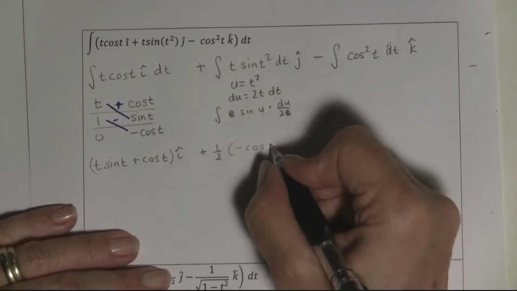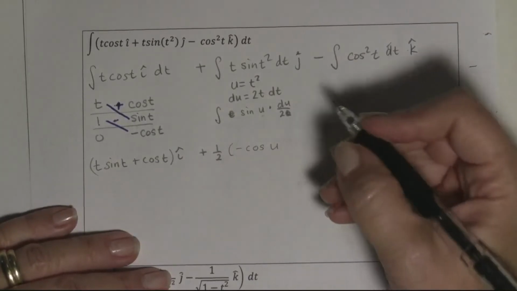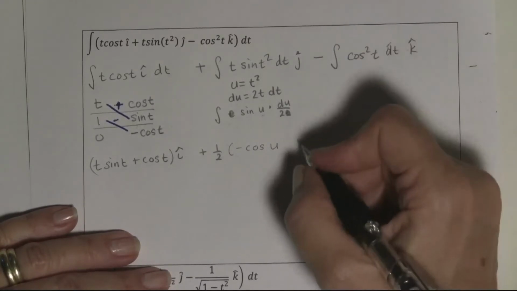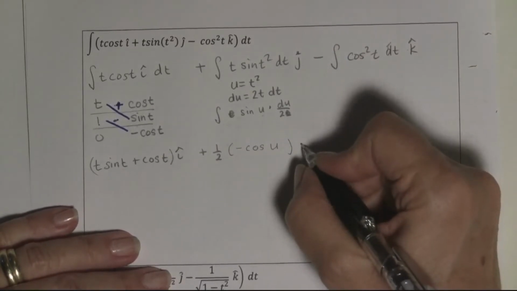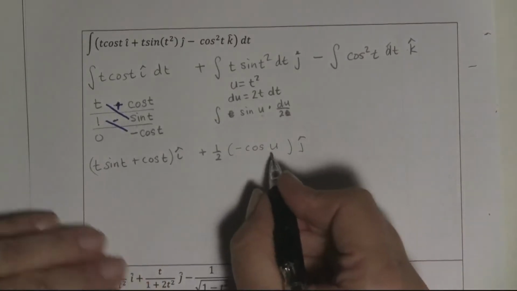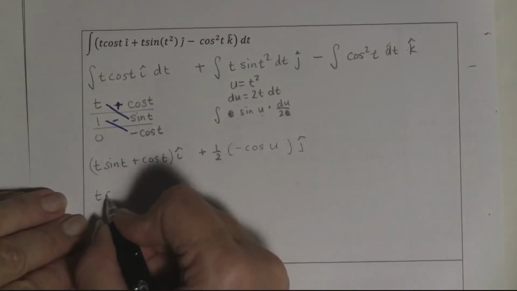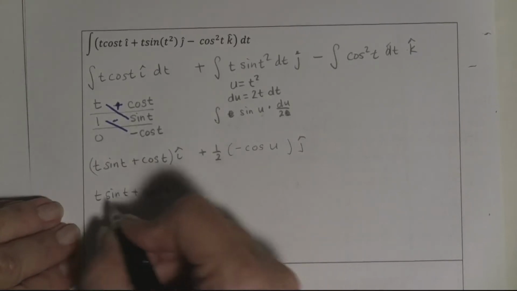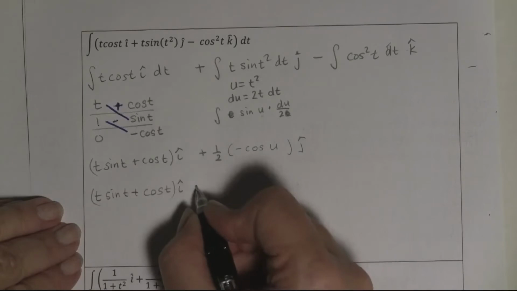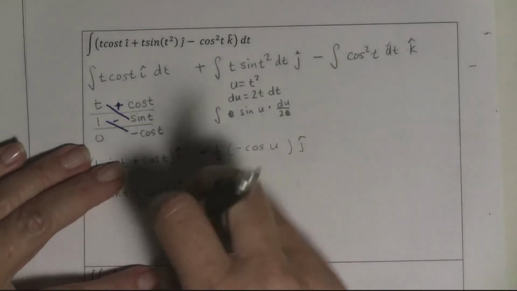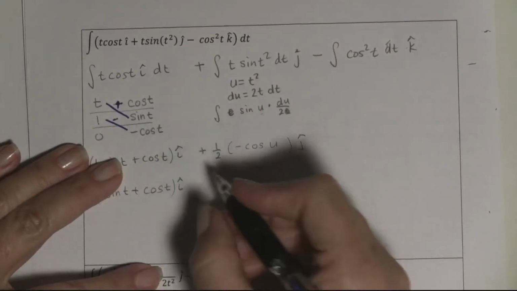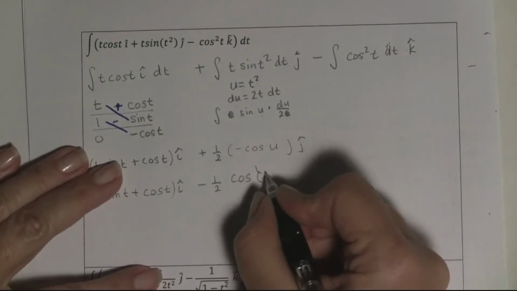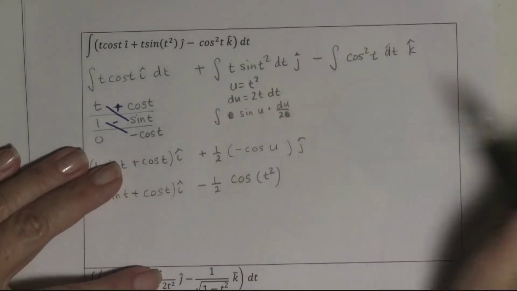And then nobody cares about u, and I know it hurts your feelings, but u was equal to t squared. So instead of leaving this as u, I need to move this into t squared. So I'm going to just rewrite this stuff over here to bring it down a little bit, and then I'll have my answer all cleaned up and not have gotten rid of that work. So this is negative, even though I was trying to jam it in there, cosine of t squared, j.